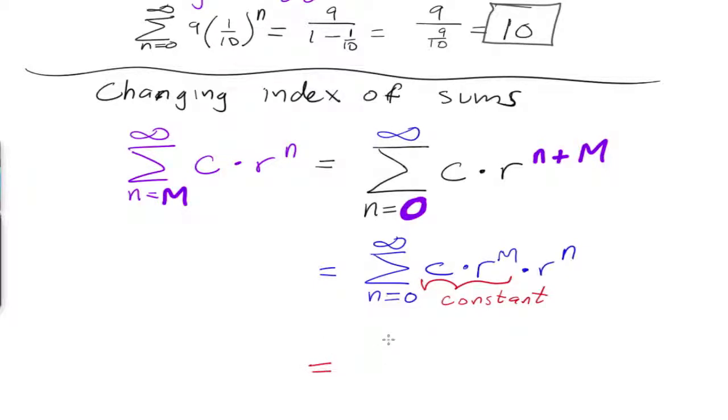This is going to equal, instead of c over 1 minus r, c times r to the m over 1 minus r. Does that make sense? Because you have a new constant from changing the index, you've created a new constant r to the m that you have to then include in your sum. Does that make sense? You guys with me? Okay.